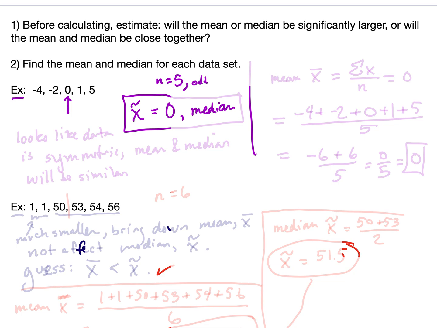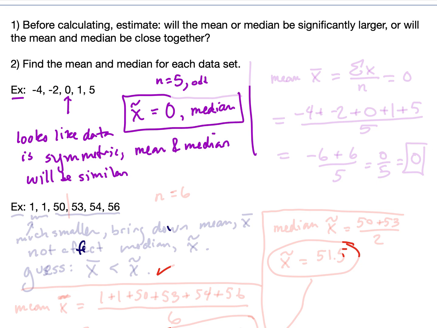So here it looks like the data is symmetric, in other words, similar on both sides of the center. And so it looks like the mean and median will be similar values. We won't have one being way larger than the other.